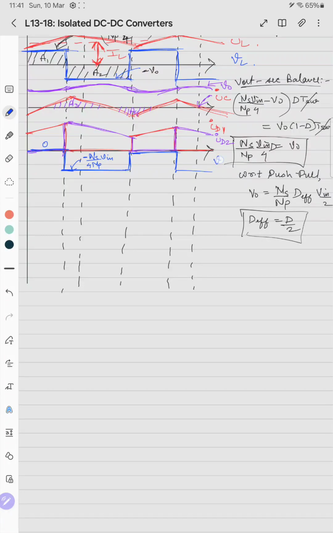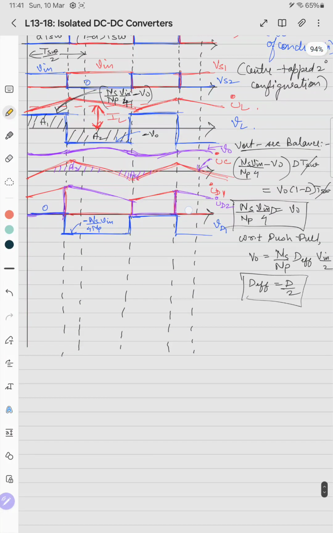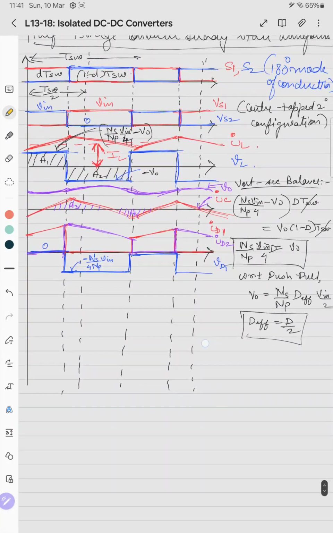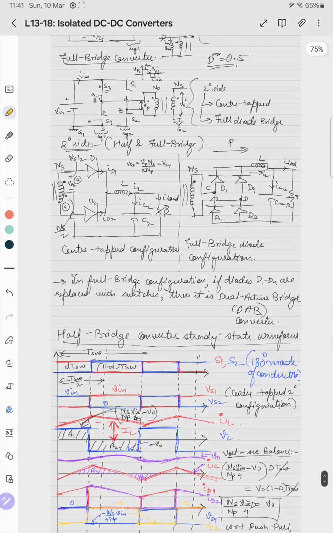This waveform is VD1. For VD2, it is like this, the reverse thing. This is VD2. Again, this is the same value, and this is 0 here. So secondary side, all the things are done.